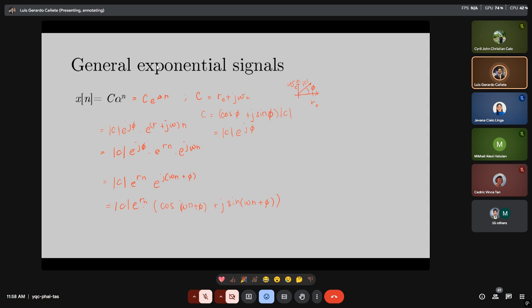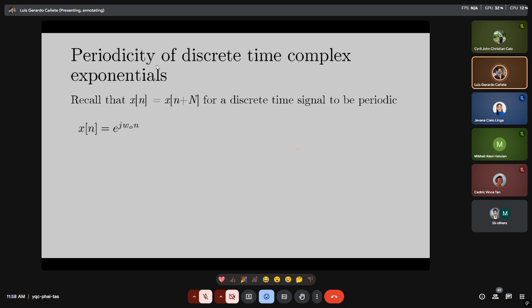beta right here is just an imaginary part, right? So if we were to isolate the situation where we had our complex exponential c e to the beta of n, and then if we said that c is just a real number, in this case, let's say that c is equal to 1, and then let's say that beta is just an imaginary number given by j omega o, right?